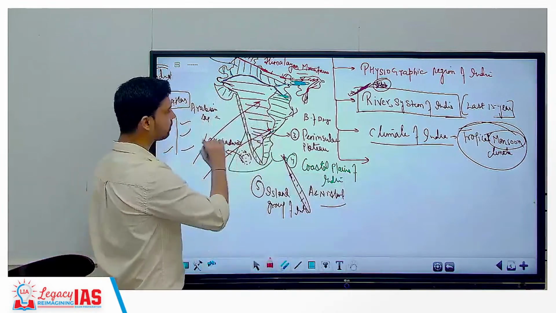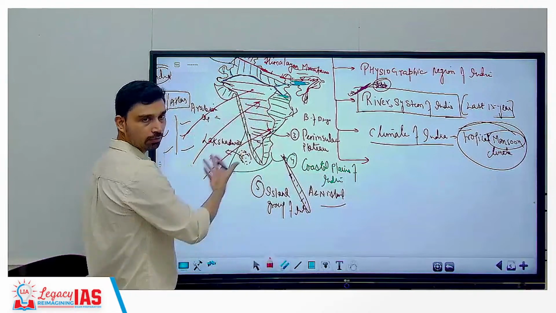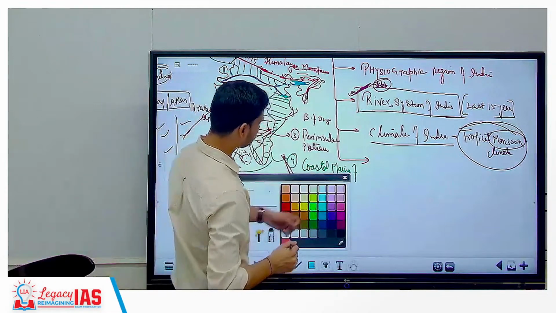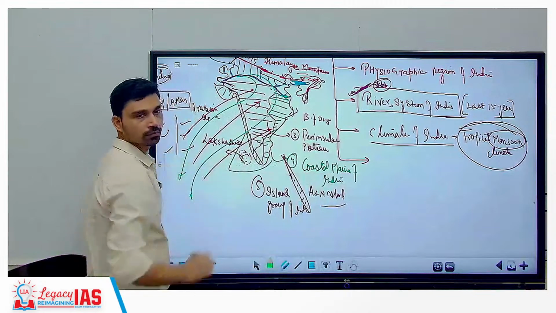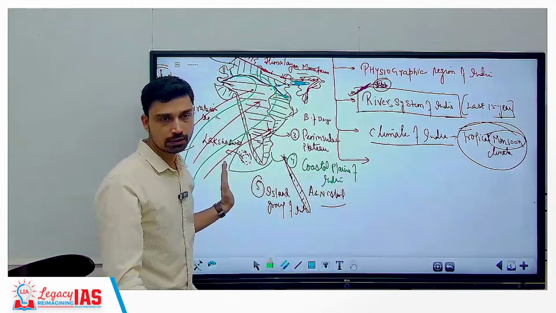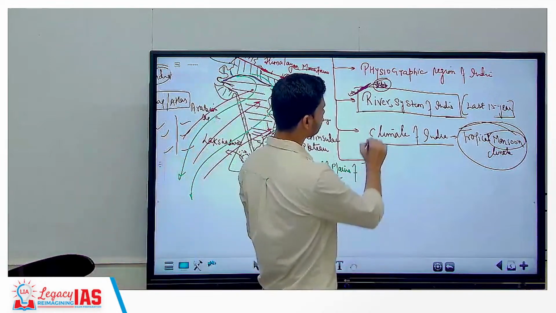Southwesterly. That is why they cause rainfall, because they are coming from the sea. In the winter, on the other hand, wind reverses direction. It starts to flow from land to sea. So southwest, northeast. We'll discuss in detail in the climate of India nonetheless.